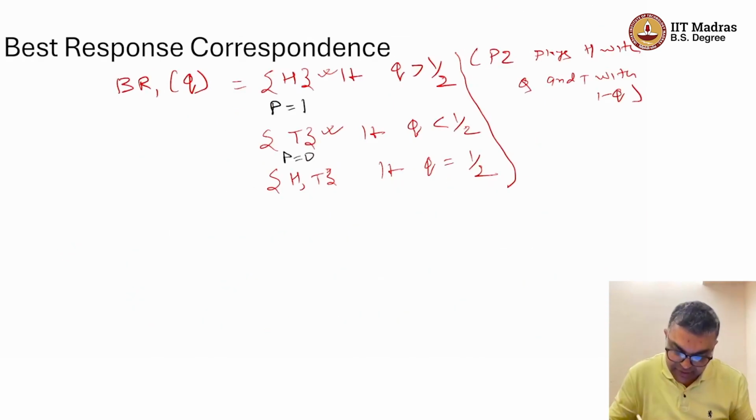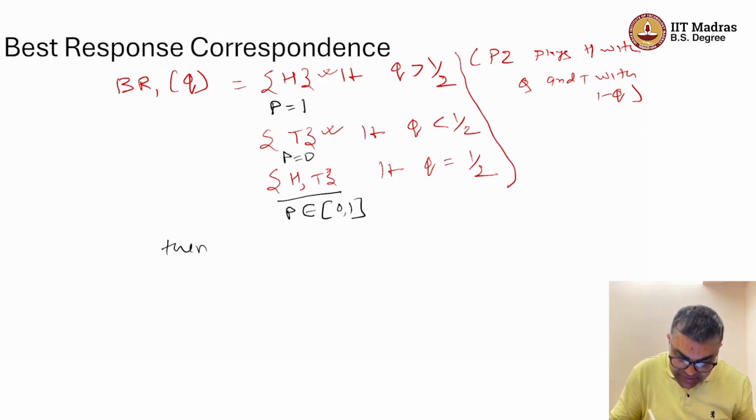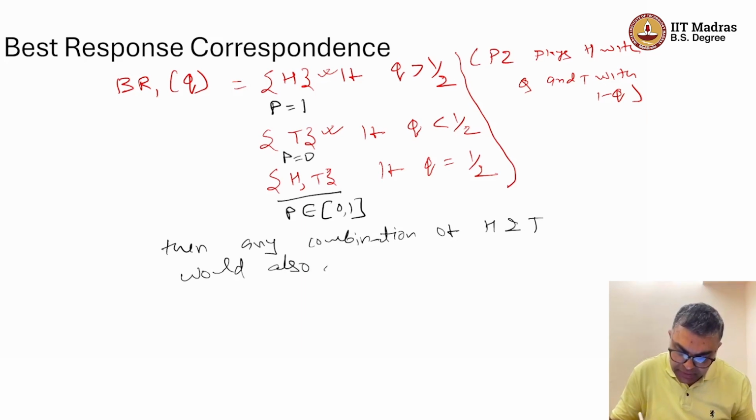And here p can be anything: 0, 1, or half, because if h and t are both best responses, then any combination of h and t would also be a best response, and that we can check.